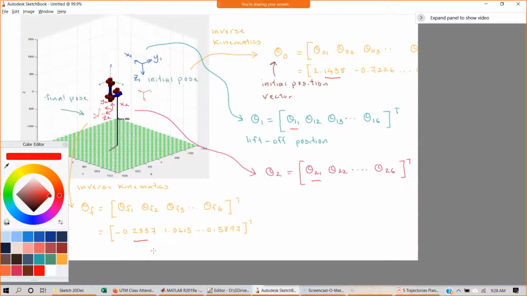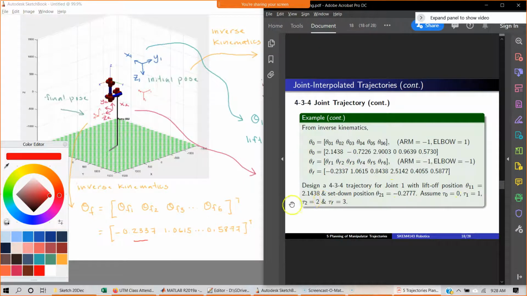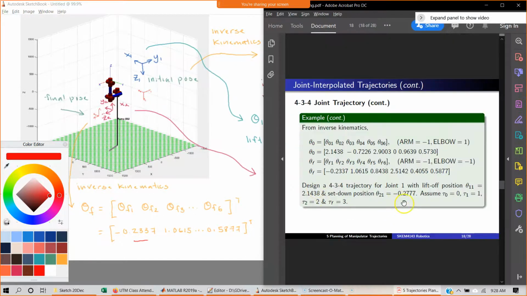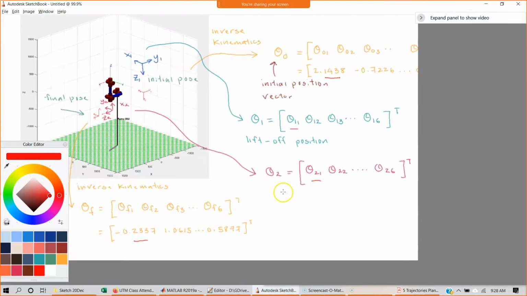All right, and this has been computed for you. Theta 1,1 is given in the question, 2.1438. Theta 2,1 is minus 0.2777. Okay, and the question says we have to design the trajectory for theta 1.